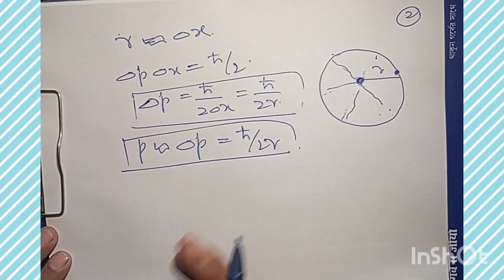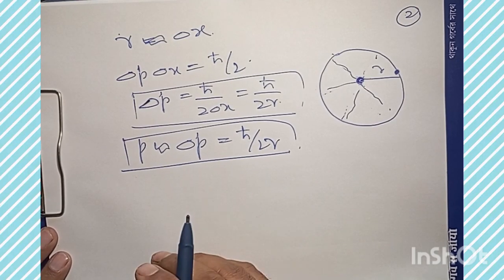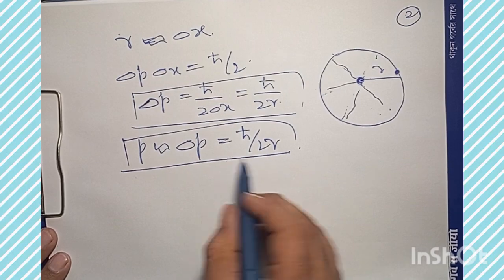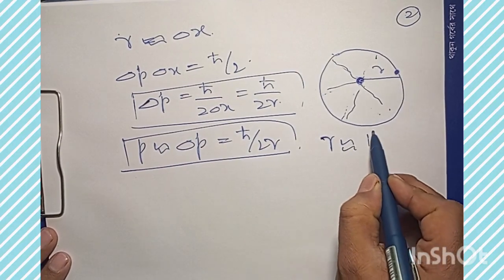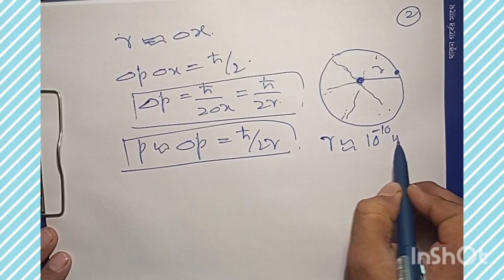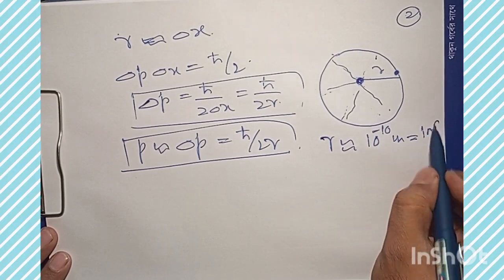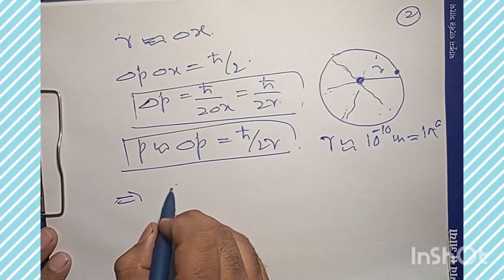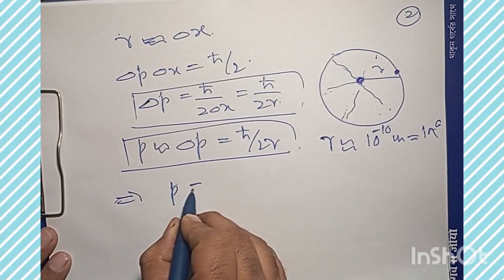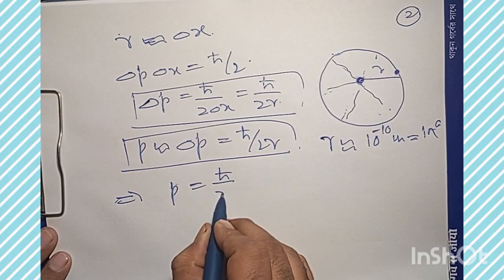Now, taking r as an average value of the size of an atom, we can take the value of this r, which is nearly equal to 10 to the power of minus 10 meters, nearly 1 angstrom, right? If I do that, I can calculate its momentum, which is h bar by 2r.